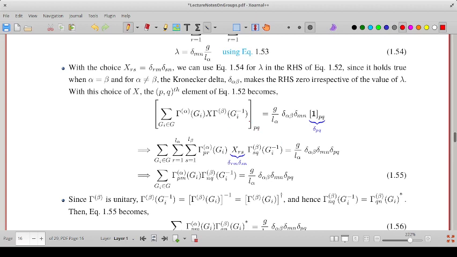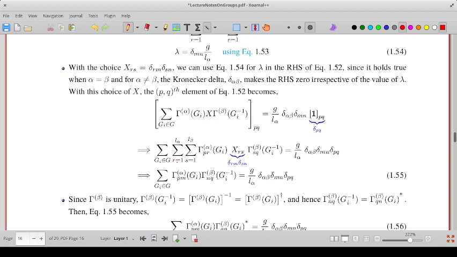But now the pqth element of the expression on the left hand side can be obtained using the expansion of the matrix product. So we will first have sum over Gi. Then we have two products, gamma alpha times x and that times gamma beta. So we will have two summations.